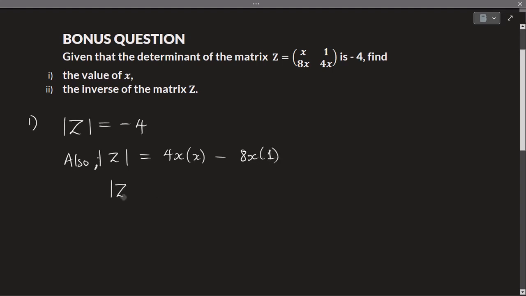So determinant of Z is 4x squared minus 8x, which is also equal to negative 4. So we have 4x squared minus 8x is equal to negative 4.